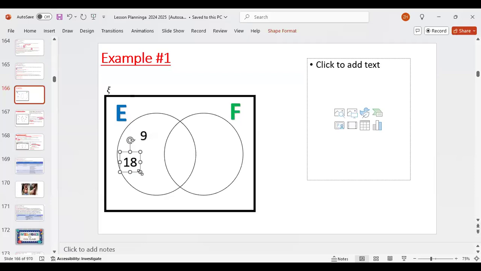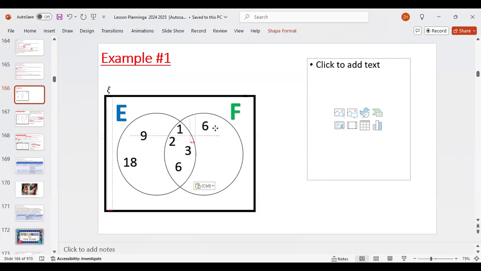In the middle, I'm gonna put 1, and then I'm gonna put 2, and then I'm going to put 3. And then let's put 6 in there. So 1, 2, 3, and 6.